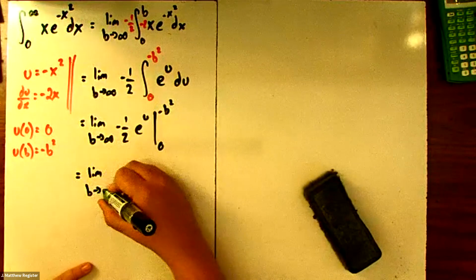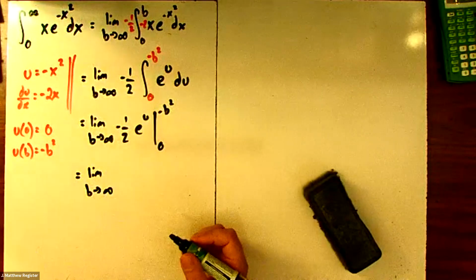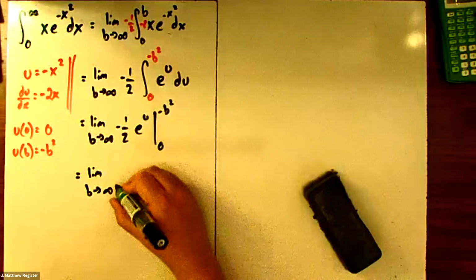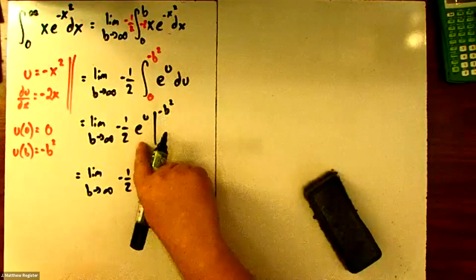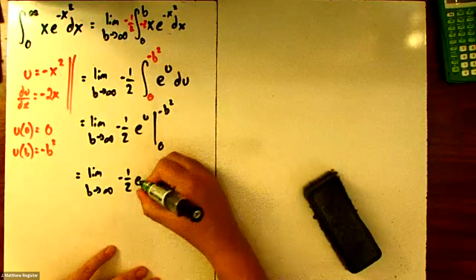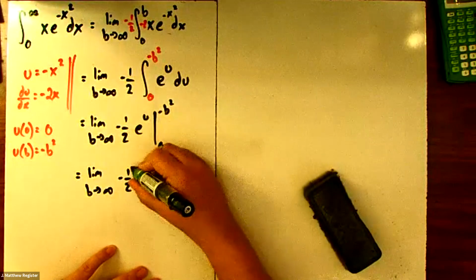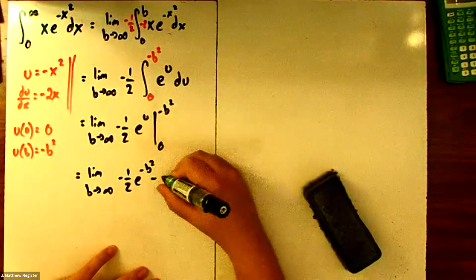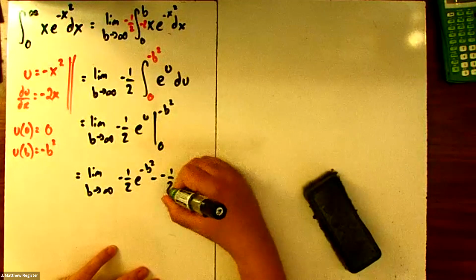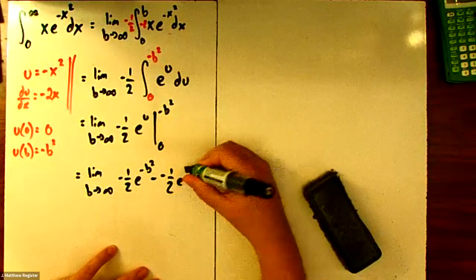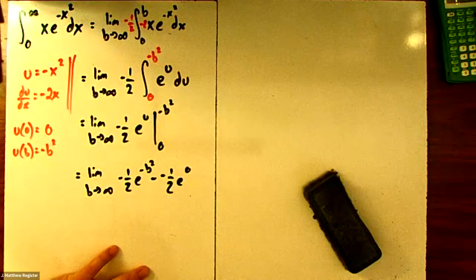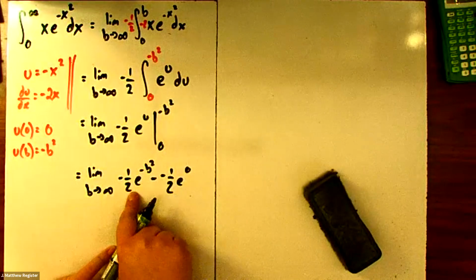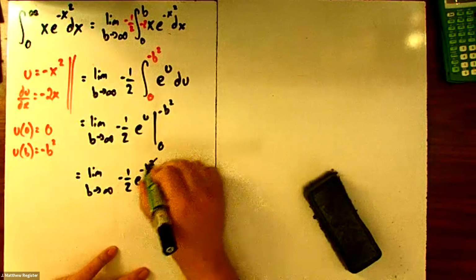which gives the limit as b goes to infinity of negative 1/2. Then it's going to be e to the negative b squared, and then it'll be minus a negative 1/2 e to the 0. Well, as b goes to infinity, this term goes to 0.